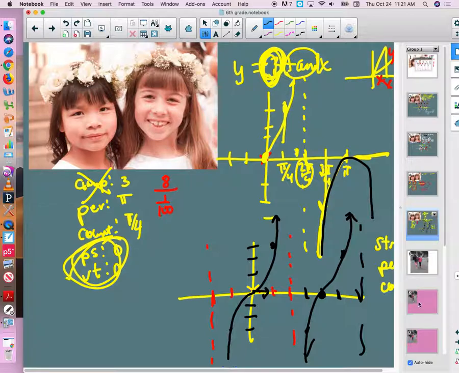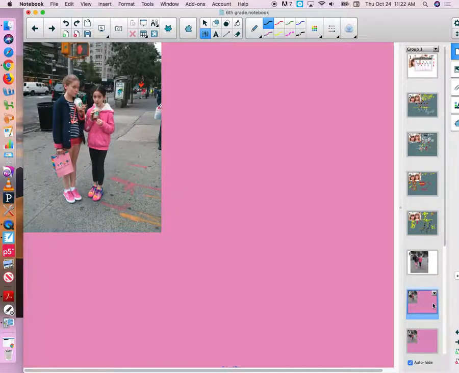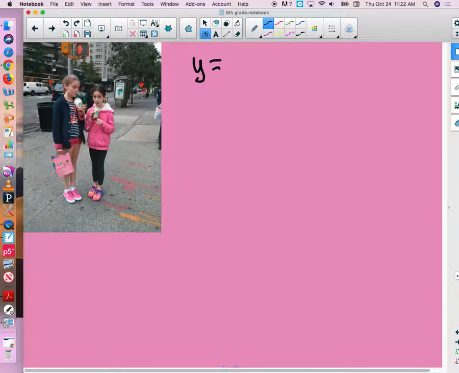Let's do this one. y equals 5 minus 3 tan of 2x minus pi. All right, I'm going to go through this pretty fast because I want to get a cotangent in front of you so at least you can practice. Remember, you can watch the video.